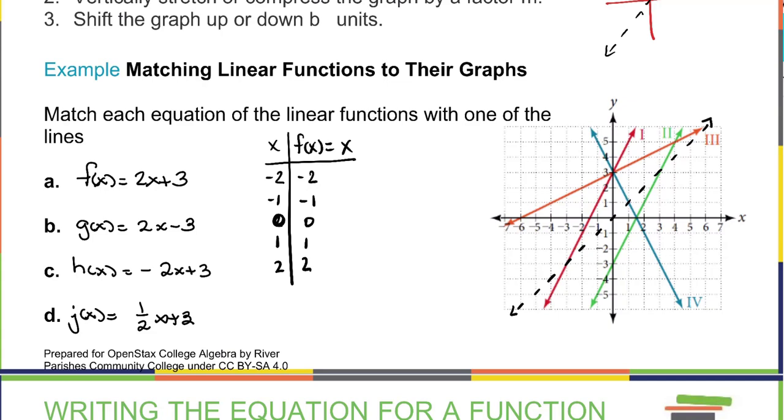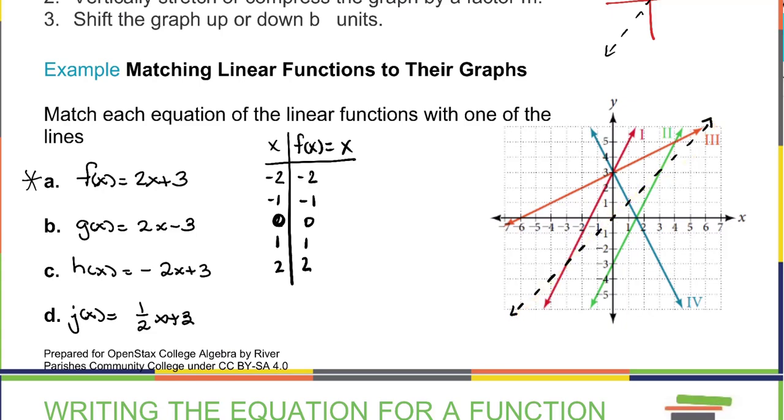Okay, so for this graph right here, for the function f of x equals 2x plus 3, if we're using transformations, we'll start off with the identity function, which I have graphed here in the black dotted line.